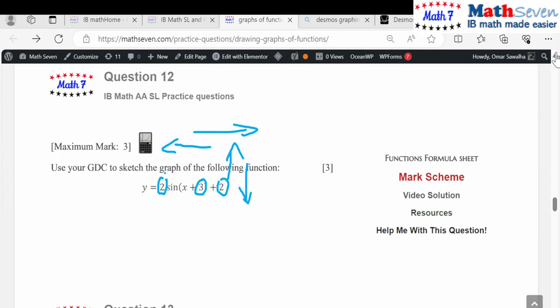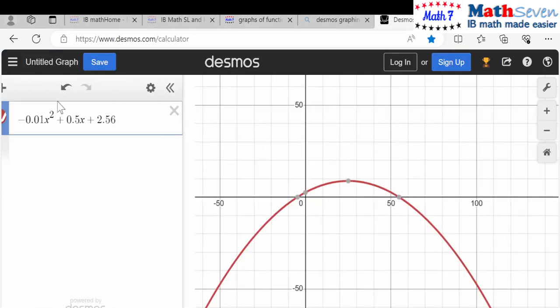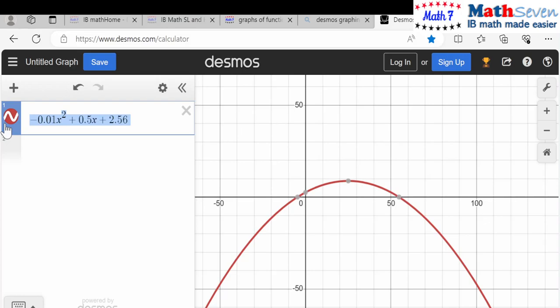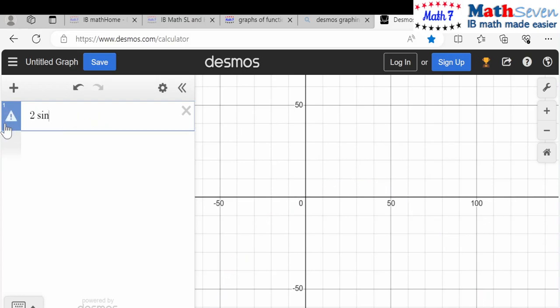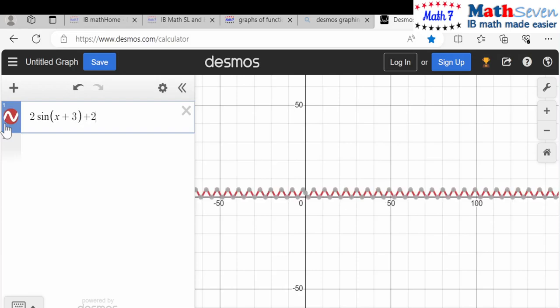So if you go to Desmos, for example, let me just put this function so that you see it. Let me clear this out. Look at this one. So it is 2 sine, open bracket, x plus 3, close the bracket, plus 2. Take a look at what you have here. Let me make this big. Look.